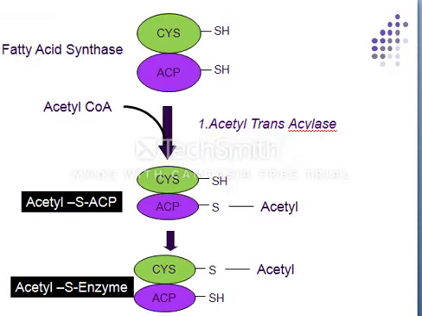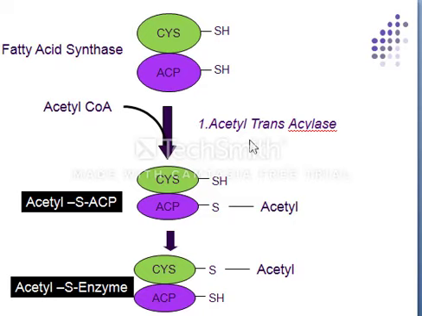Now the first reaction is that the 2 carbon fragment is transferred to the ACP of fatty acid synthase, catalyzed by the enzyme acetyl transacylase, which we can also call acetyl CoA ACP transacylase.